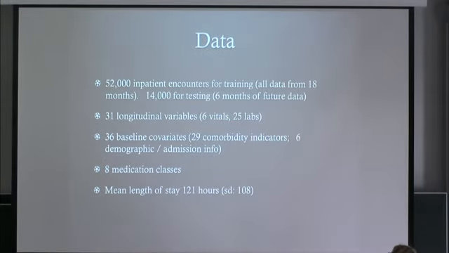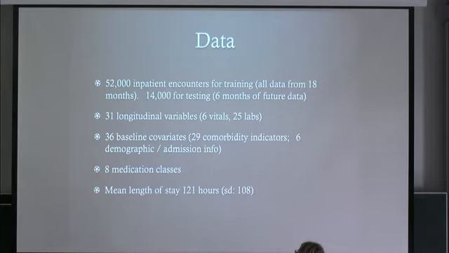Okay, so for this sepsis problem, we looked at 52,000 inpatient encounters for training, and then we had 14,000 for testing. So it's all data from the last 18 months at Duke, and basically we were predicting on 6 months right after that. We had 31 longitudinal variables, 6 vital signs and 25 lab values, and 36 baseline covariates.